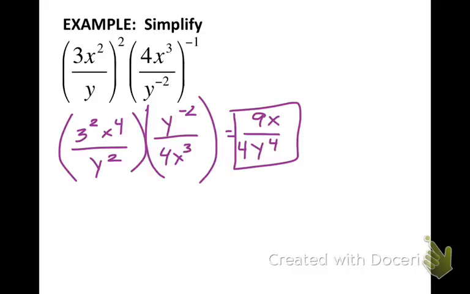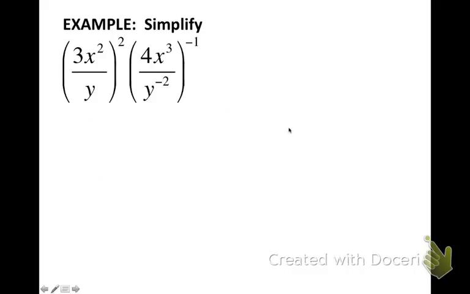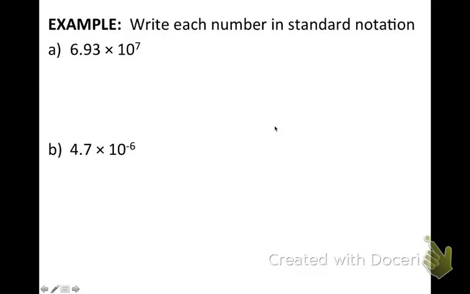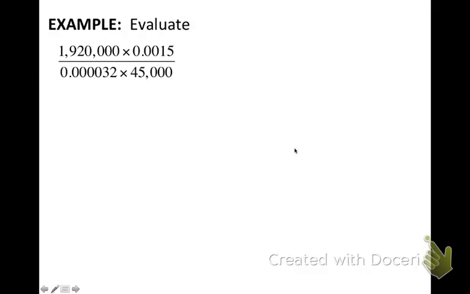Right? I've been doing scientific notation in science and whatever else. So, what if we had a problem like this that we needed to use scientific notation to evaluate? You could easily solve this.